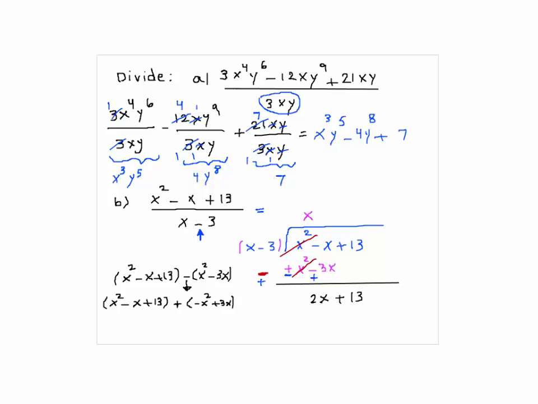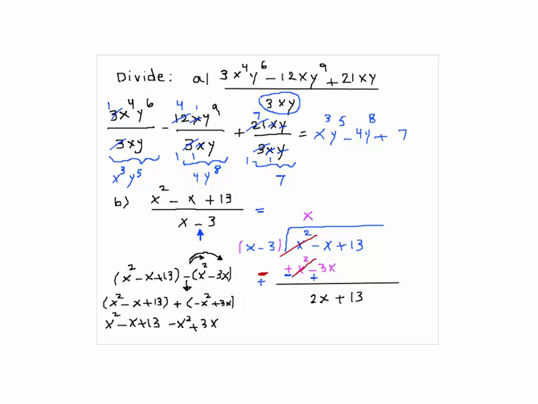In other words, what we're really doing is distributing this minus here. See, minus 1 times x to the power of 2 becomes minus x to the power of 2. Minus times minus becomes plus 3x. However you look at this, you would get the same answer. So this would be minus x squared. If I remove the parentheses, that's what we have, right?